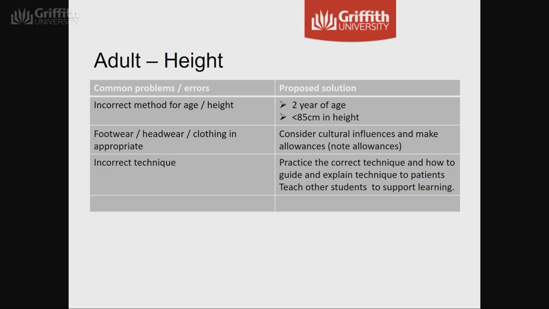So for instance, if you've got a premature baby, you would be basing their height on their age at conception rather than their age at birth, to account for the fact that they haven't spent as much time developing in the womb as another child. And the same with people of very short stature.